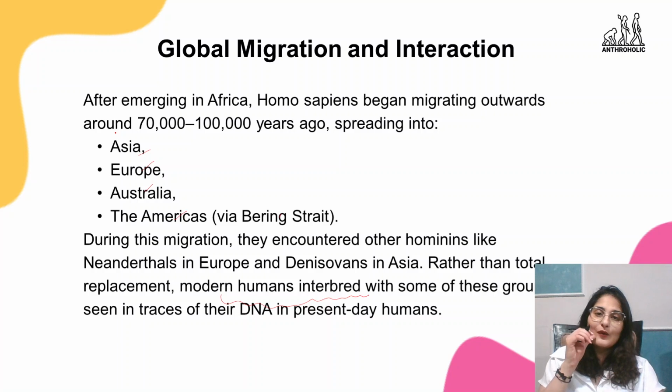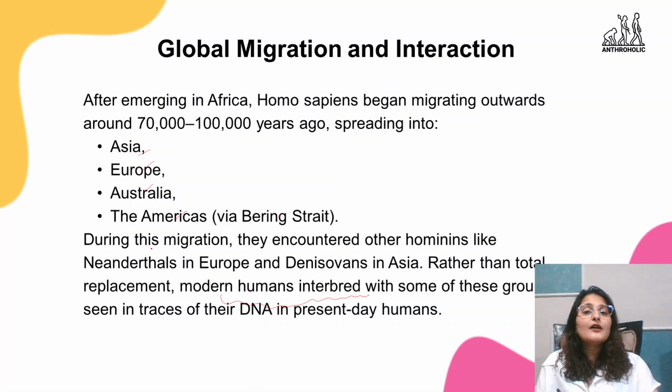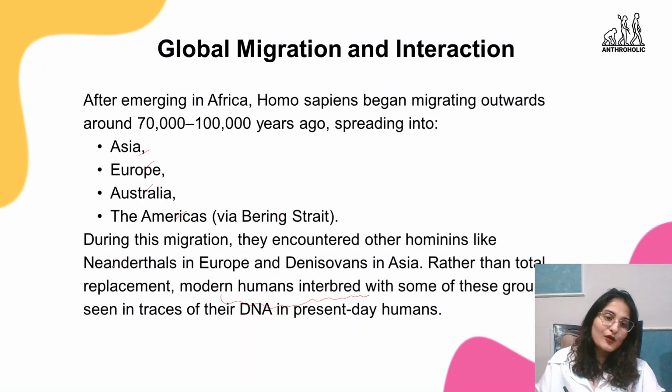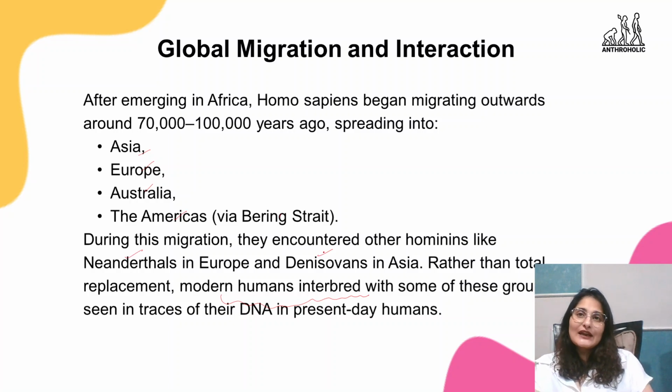So the major outflow happened from Africa, but there were other species of hominins also, like Neanderthals and Denisovans, with whom interbreeding happened. And because of that, even in today's DNA, traces of Neanderthals and Denisovans can be seen. So we cannot say that it is only and only the African origin, because there has been certain interbreeding as well which has happened as humans migrated globally.